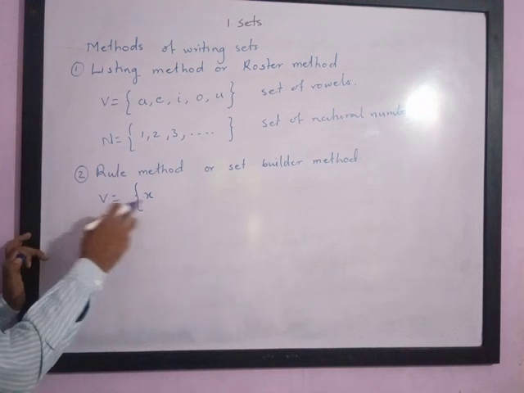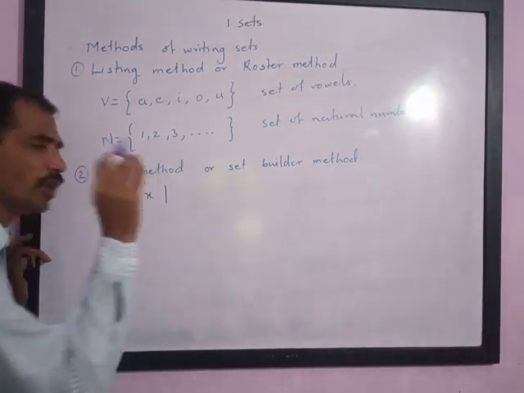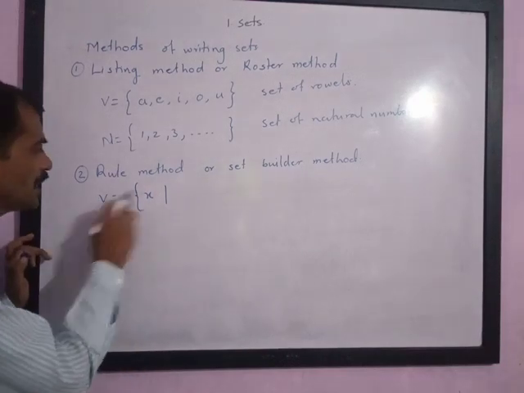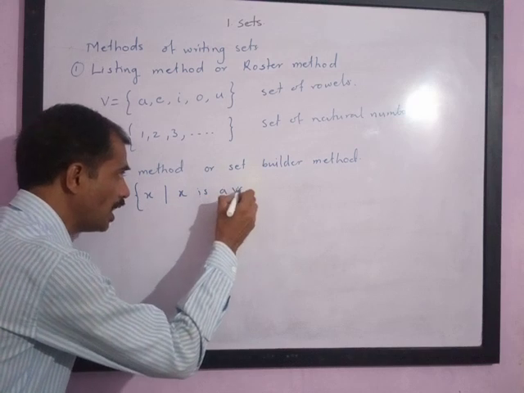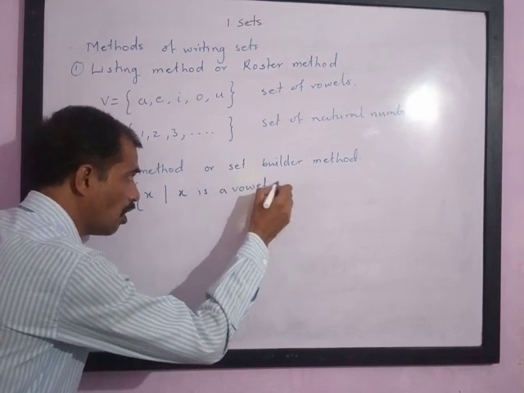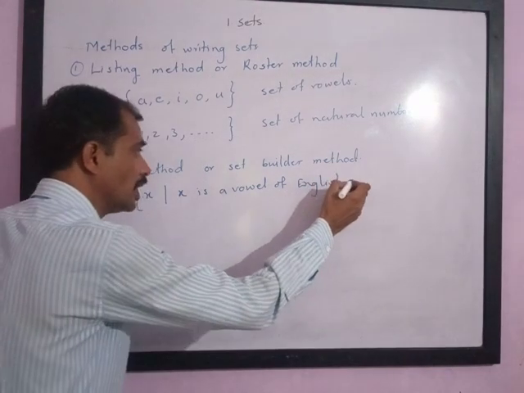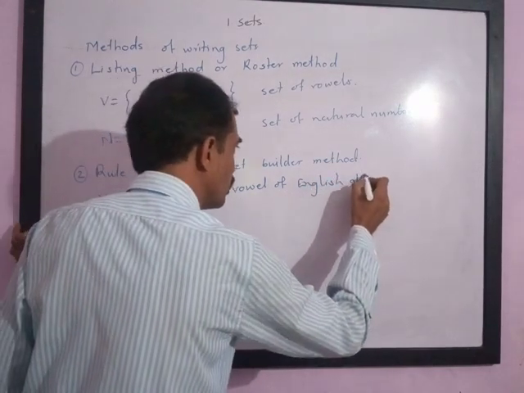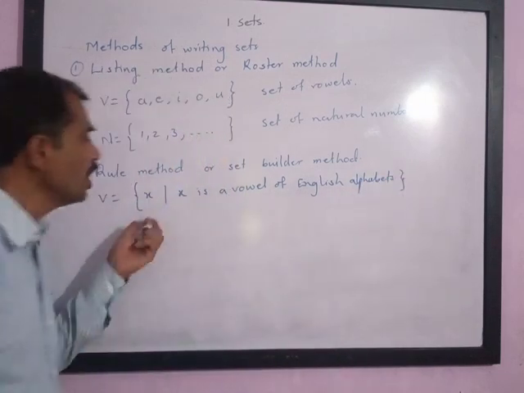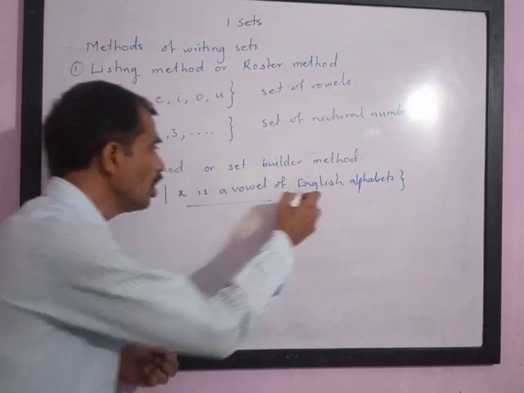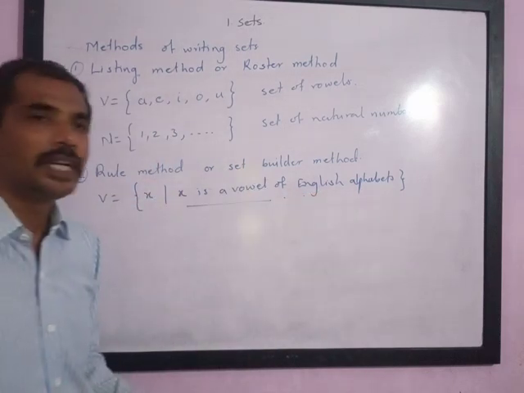So V is the set of x such that, you can use a slash or a colon, x is a vowel of the English alphabets. Please note here, we have written the rule. So when we write a rule, it is called the rule method or set builder method.